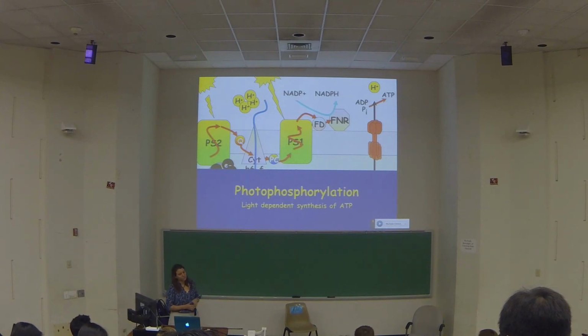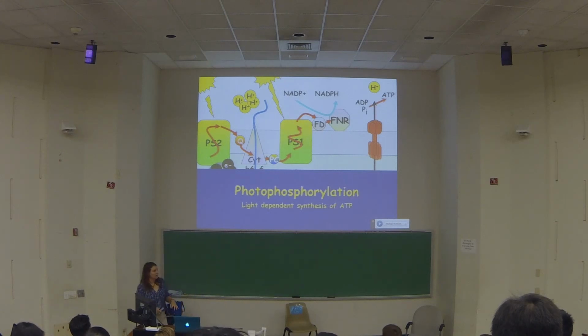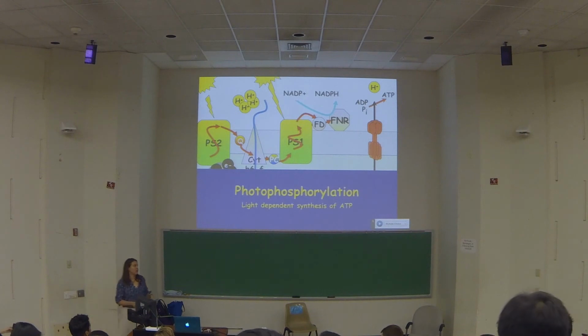All right. Those are the light reactions. Be able to follow the electrons, know what you start with, what you end with, where the protons are moving, where they're coming from. Are there any questions?